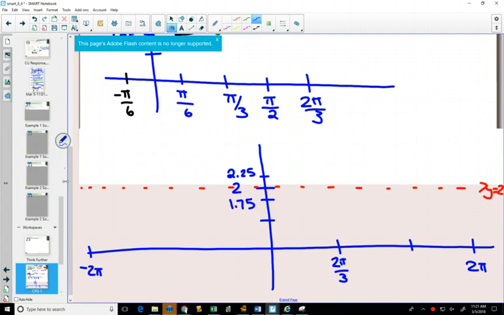Similarly, on this side, can you see that you would have negative 2 pi over 3, and I'll label that third there as well. If this is 2 pi over 3, does this make sense that this would be 2 pi over 3s or 4 pi over 3? And this would be negative 4 pi over 3.